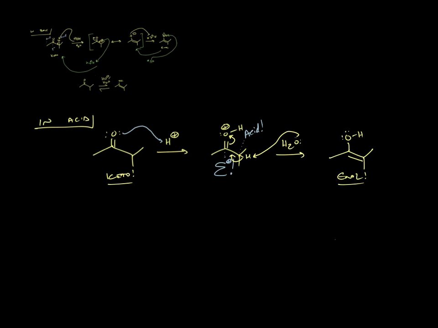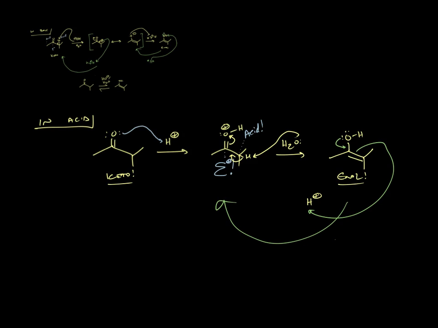All right, so, what if this guy wants to go in reverse? Well, we could certainly do that. What happens if we add in an H plus and we go in backwards? Well, these electrons can come down here. That guy can grab an H, in which case we would turn back into this guy.